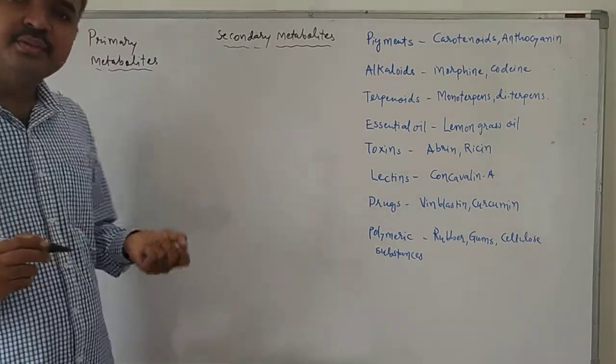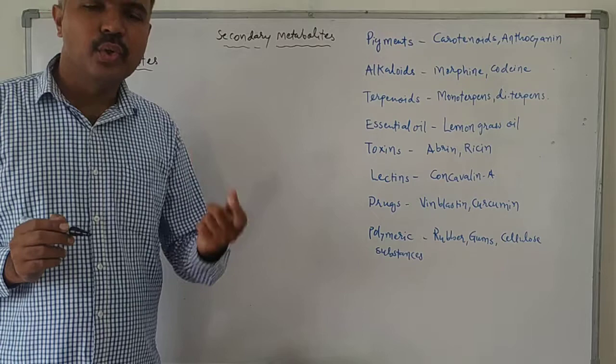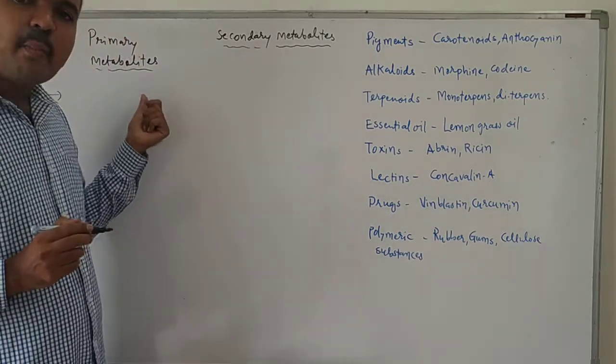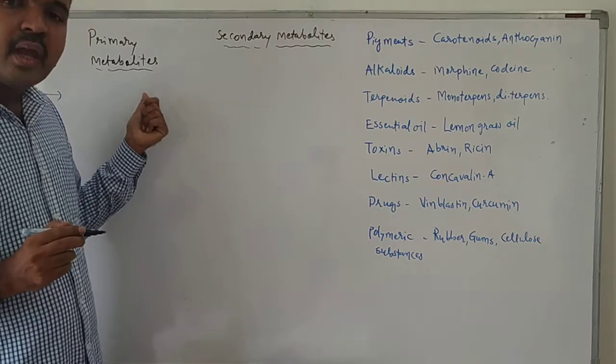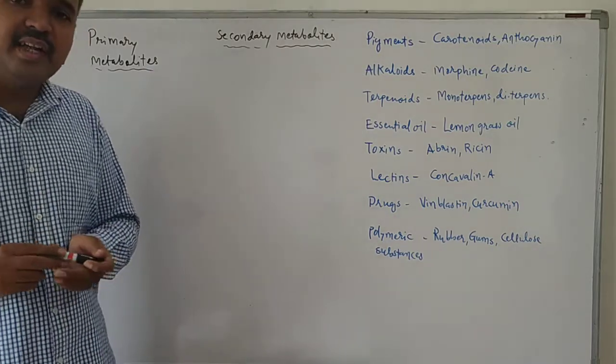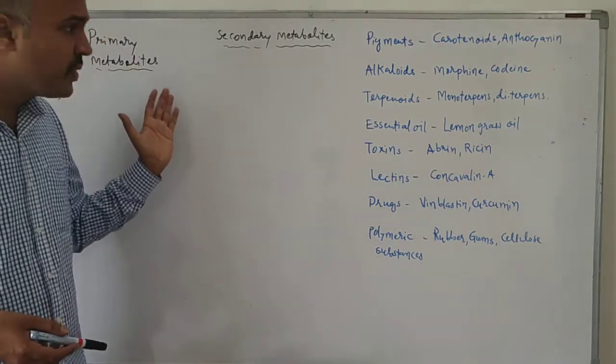Primary metabolites are those substances which are very essential for growth and development of plant. Primary metabolites play a vital role, and they play a direct role in growth and development of plant.